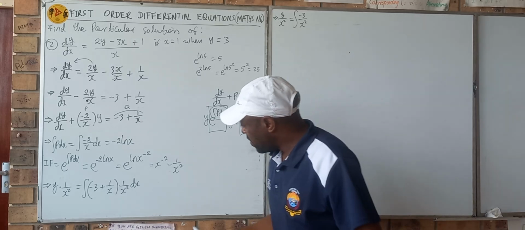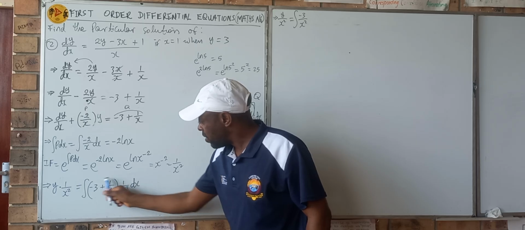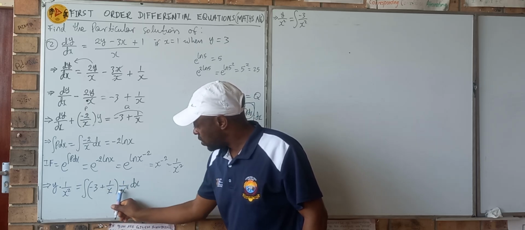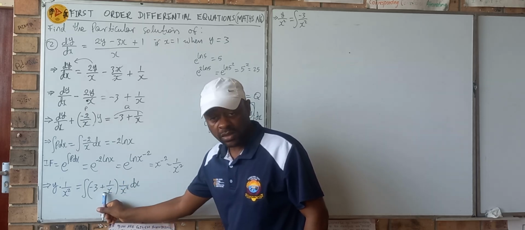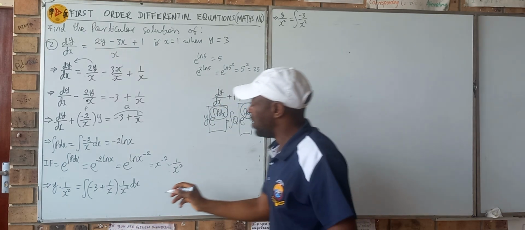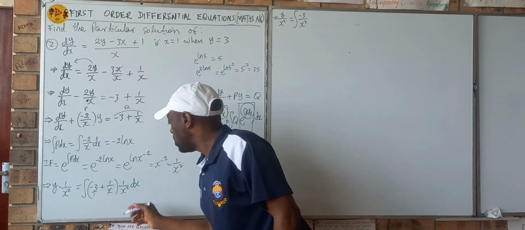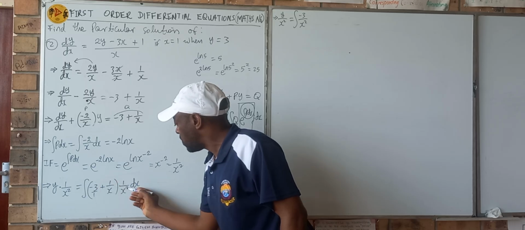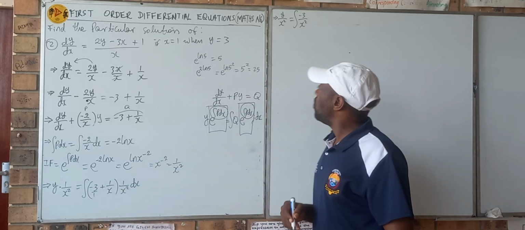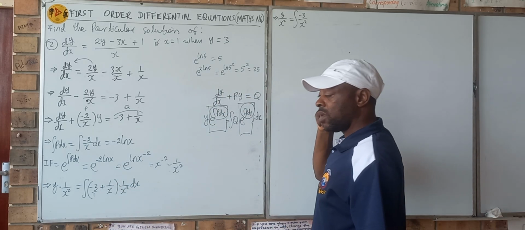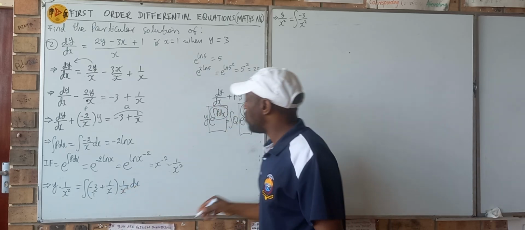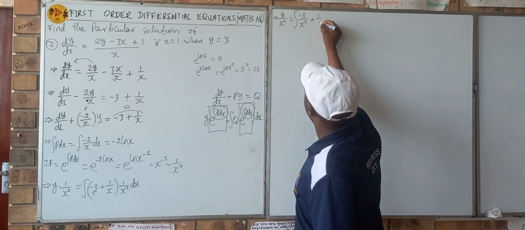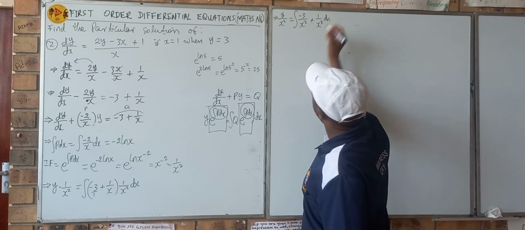Because when I open this bracket, the 1 on x squared must multiply each term. So the 3 is like 3 on 1. While 1 is multiplying -3, x squared is multiplying 1. That's why we get -3 on x squared. Then the other one will be plus 1 on x cubed dx.